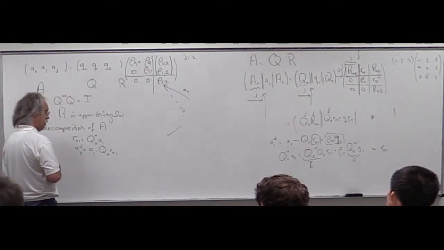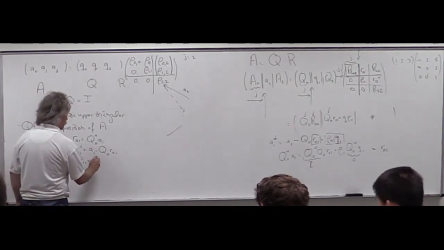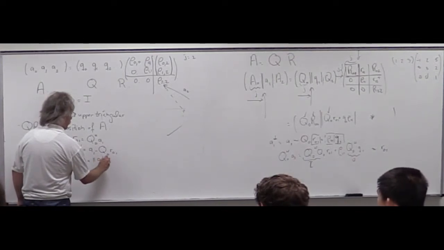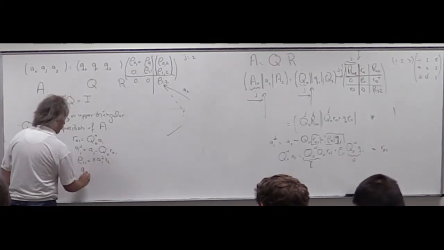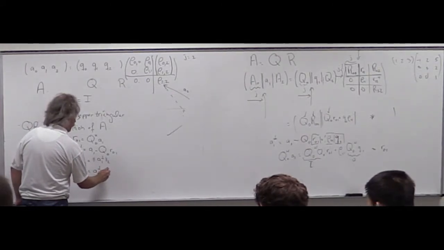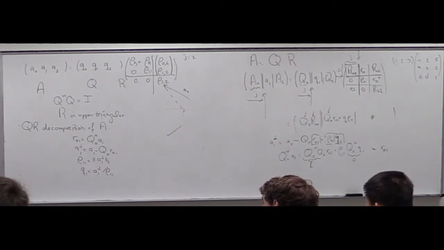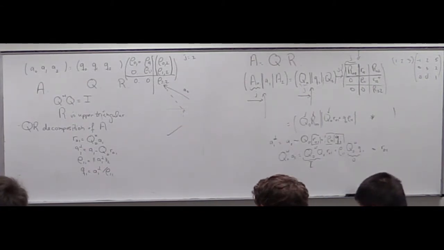That's a matrix vector multiply. And then finally we say rho 1,1 is equal to the length of that. And Q1 is equal to A1 perpendicular divided by rho 1,1. Which notice is exactly what you have right there. Just derived in a different way.